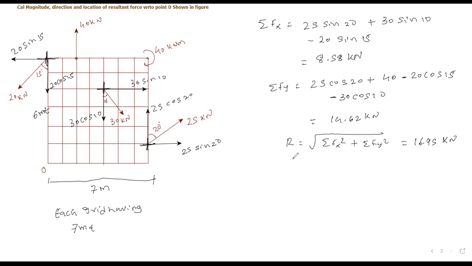Similarly, calculate tan alpha. Tan alpha equals mode of sigma fy by sigma fx. You will get value. Tell me what is alpha. 59.59 degree.